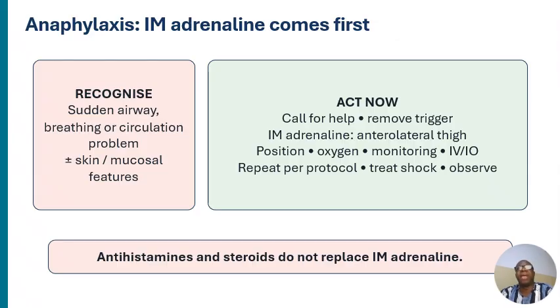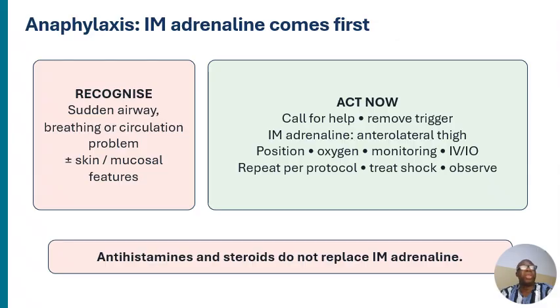Skin signs may be absent, so do not wait for a skin rash when airway obstruction or shock is already developing. Call for help. Remove the trigger if possible, and position the child appropriately, generally flat with legs elevated unless breathing requires another position. Give intramuscular adrenaline into the anterolateral aspect of the thigh using the current age or weight-based protocol.